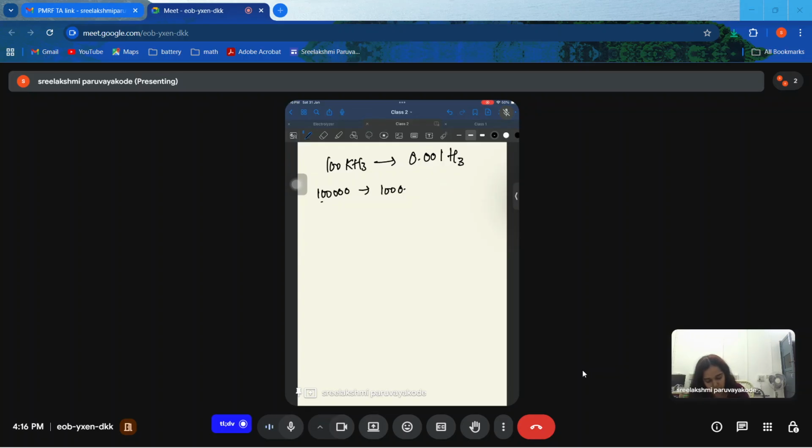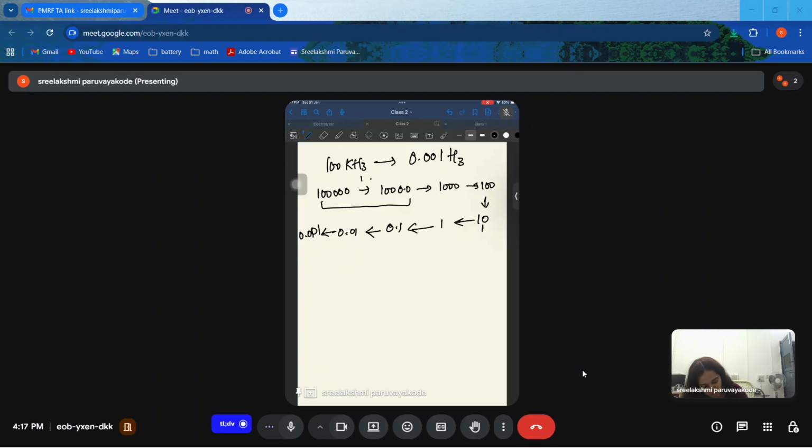From 100,000 hertz to 10,000 hertz, then it becomes 1000, then 100, then 10, then 1, then 0.1, then 0.01, then 0.001.